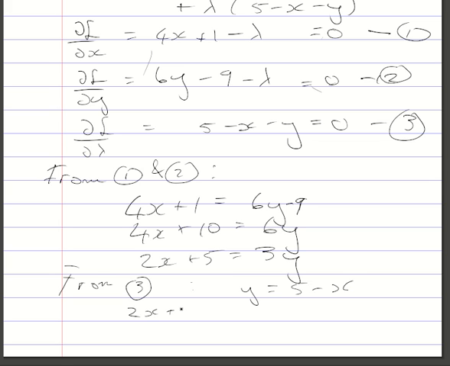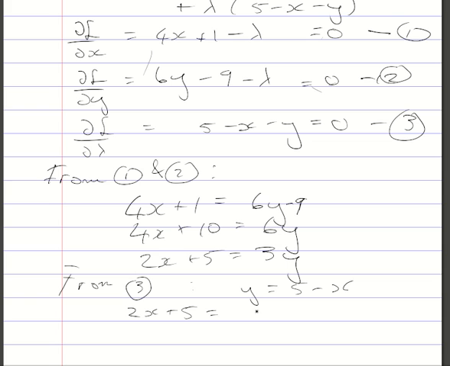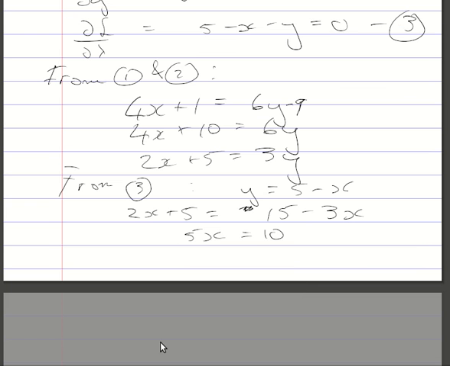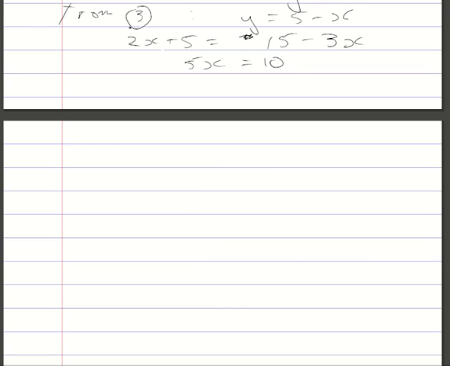So 2x plus 5 is equal to 3 times 5 minus x, which is 15 minus 3x, and therefore 5x is equal to 10. So easy enough, x is equal to 2, and since y is 5 minus x, y is equal to 3, and lambda from the equations above is equal to 1 plus 4x, or 6y minus 9. So lambda is equal to 9.